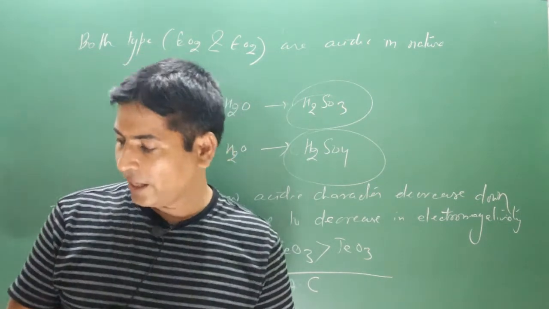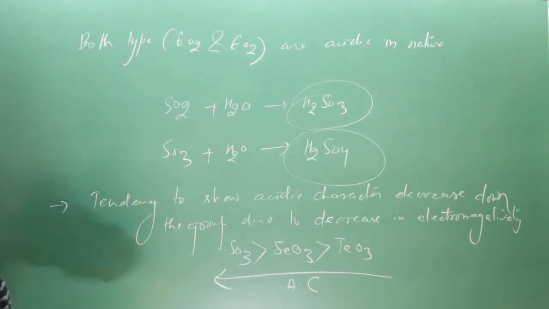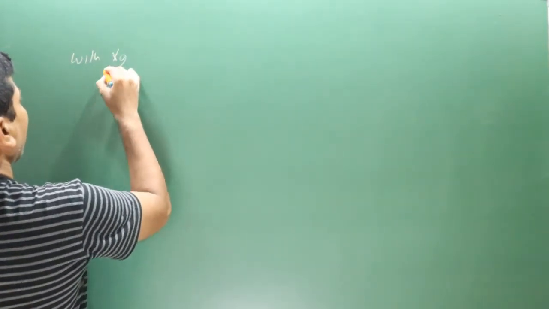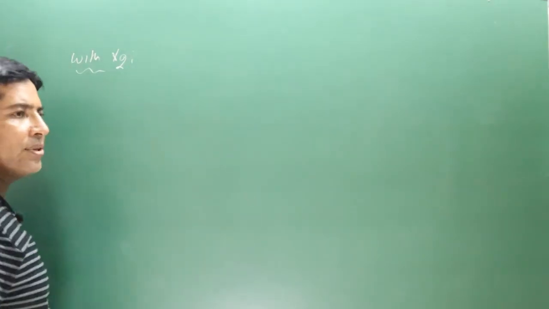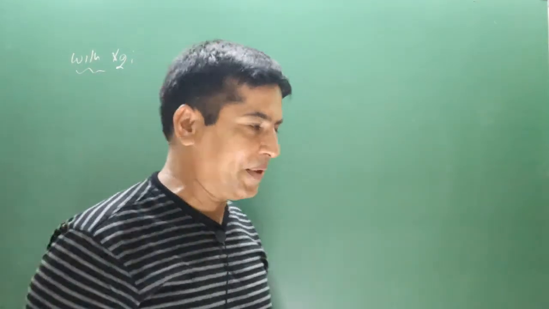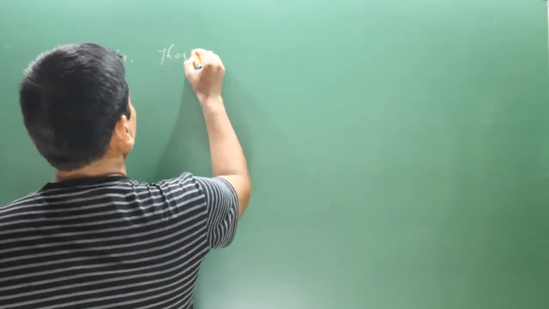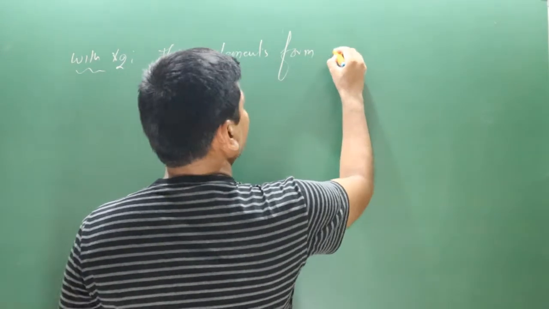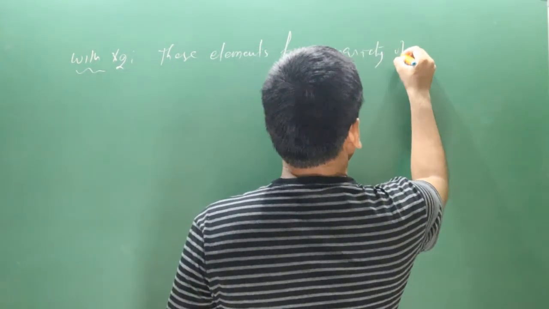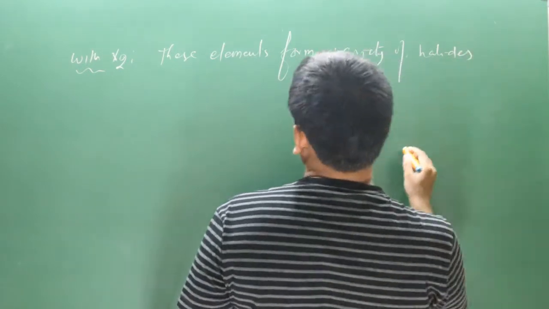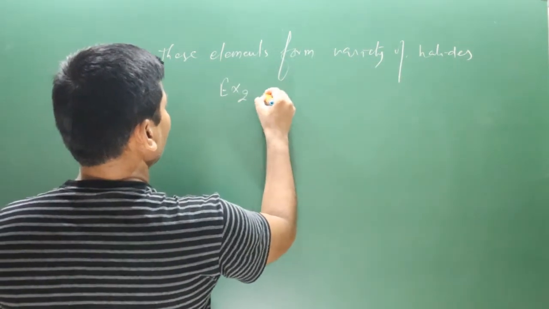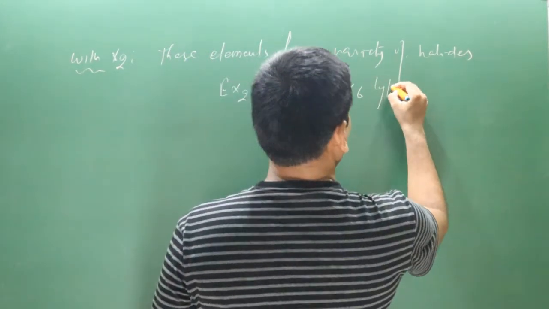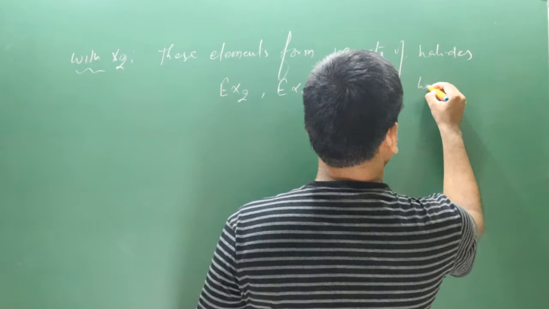Move on to the next chemical reaction. Next we have reaction with halogens. The elements present in the oxygen family react with halogens to form a variety of halides such as EX2, EX4, EX6 type halides.